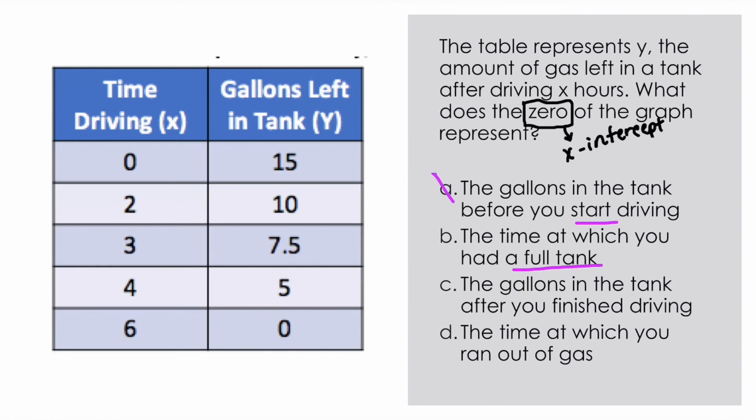It's not where we start, not when we have a full tank. The gallons in the tank after you've finished driving. So if it's an x-intercept, is it going to talk about gallons? No. So it's the time, because x is time, at which you run out of gas.